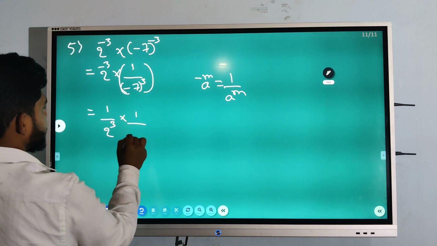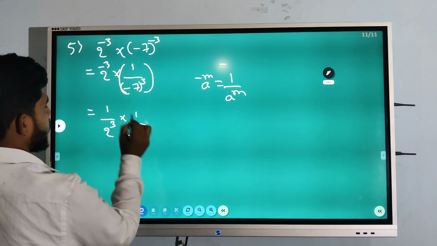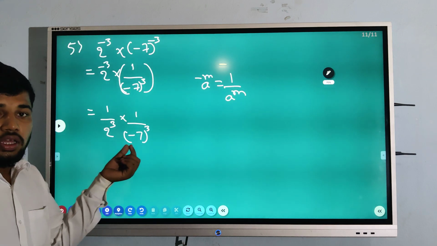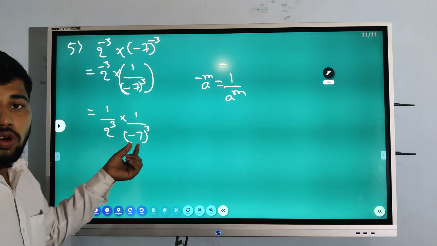Here also we can understand that it is in the form of a into b whole to the power of m.